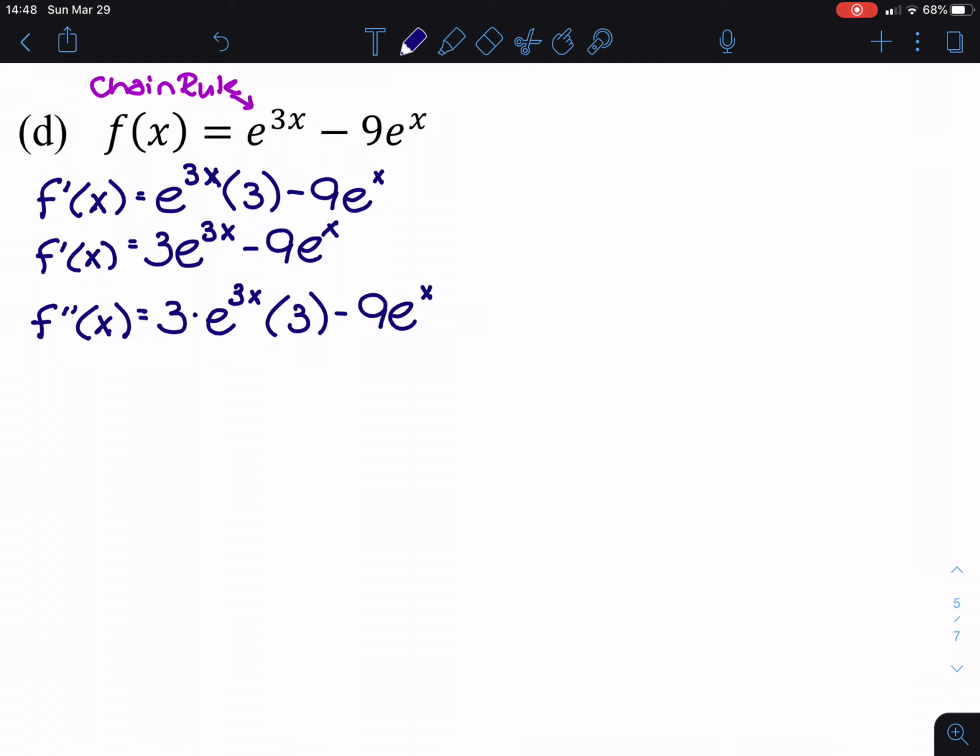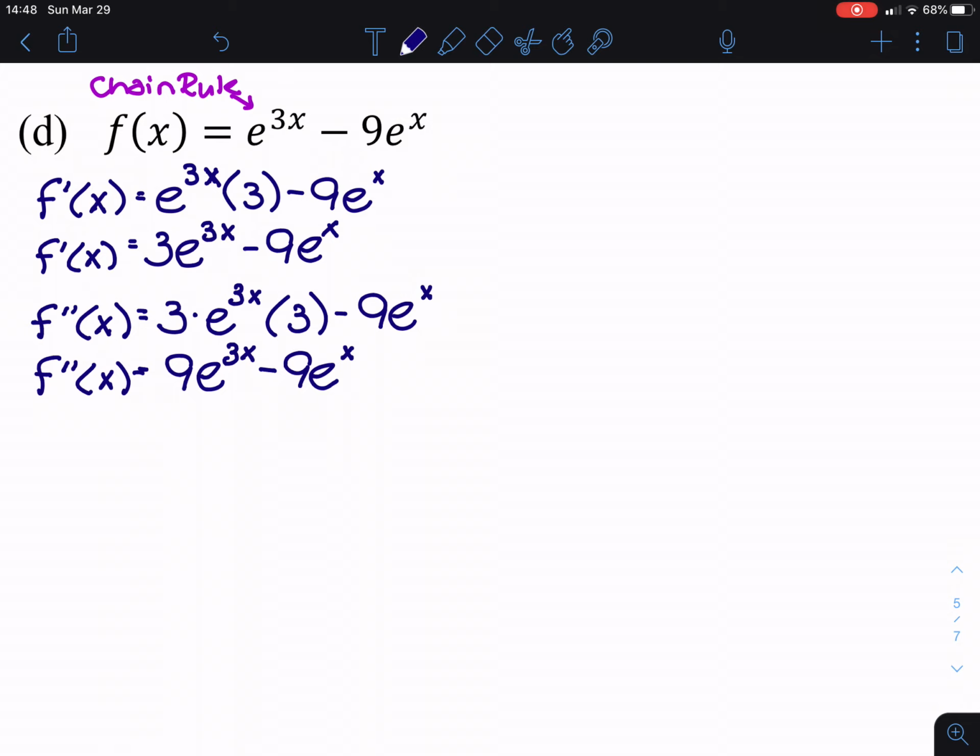So for my second derivative, I have 9e to the 3x minus 9e to the x.